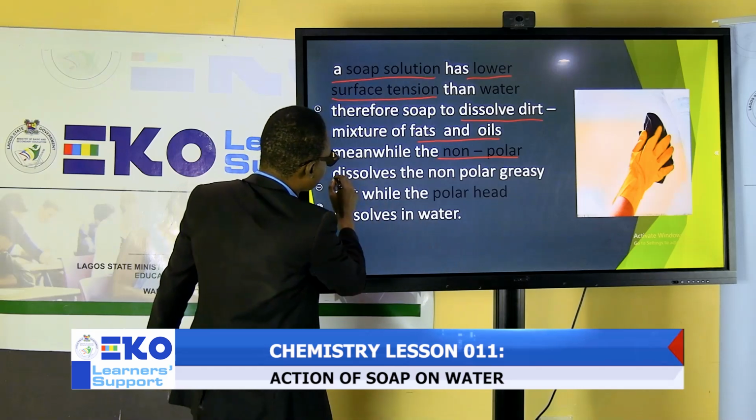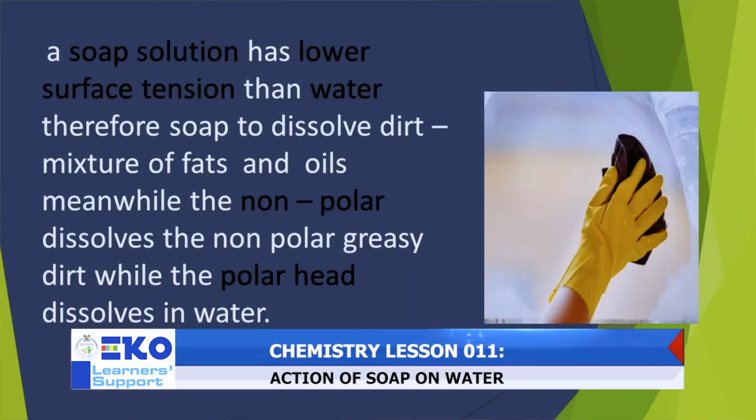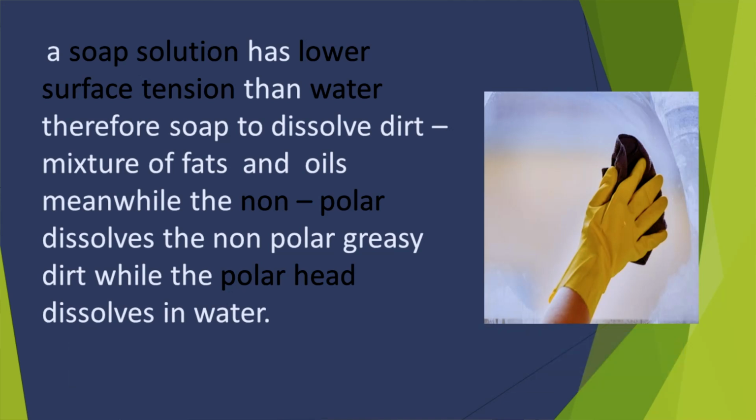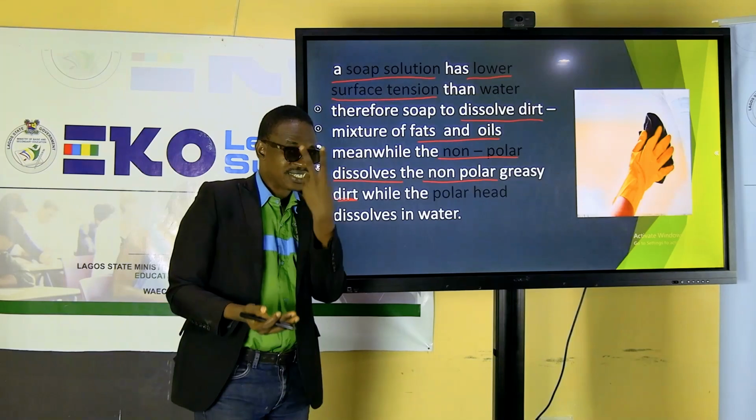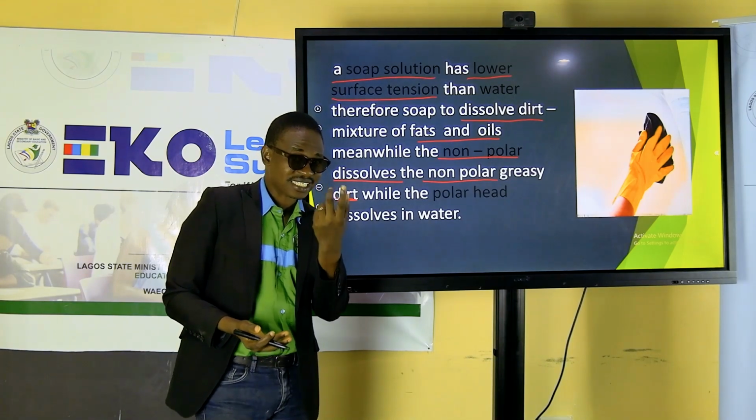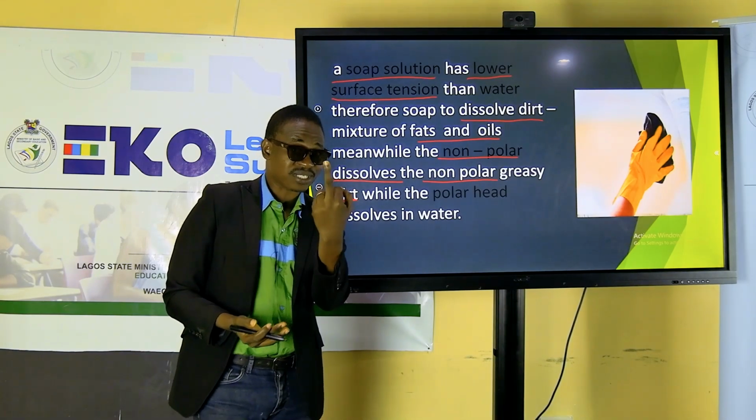What happened to it? Dissolve. Good. The non-polar greasy dirt. You know the meaning of greasy dirt? Those oily things you have in your plate. So basically at this point, when you are trying to wash your plates, what comes to your mind? Two things are very important: the hydrophobic and the hydrophilic.